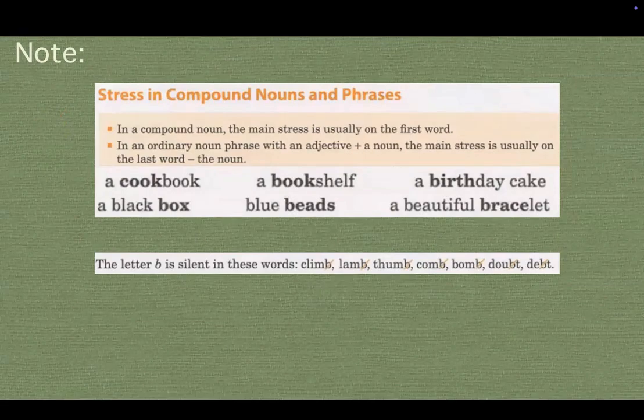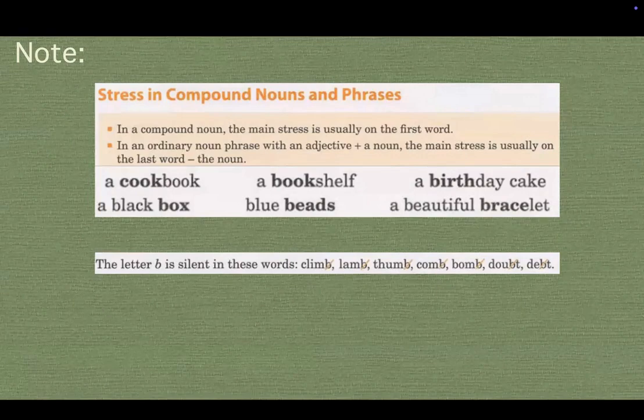The first one is a compound noun, a cookbook. The word cook is the first word and it is stressed. Next we have a bookshelf. The word book is also the first word and it is stressed.